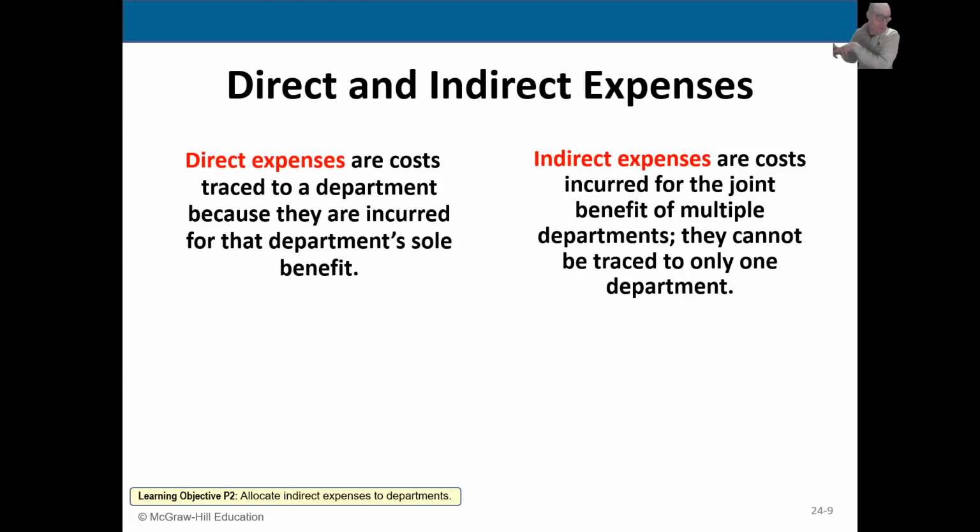Then we have indirect expenses. Indirect expenses are costs that are incurred for the joint benefit of multiple departments. They cannot be traced directly to one department.